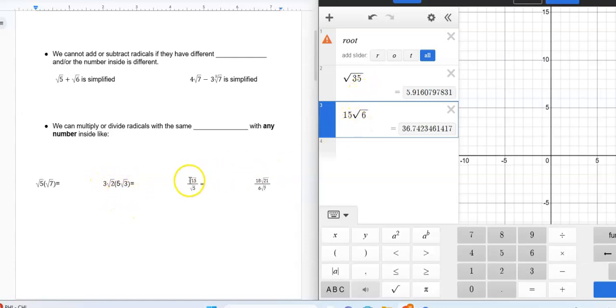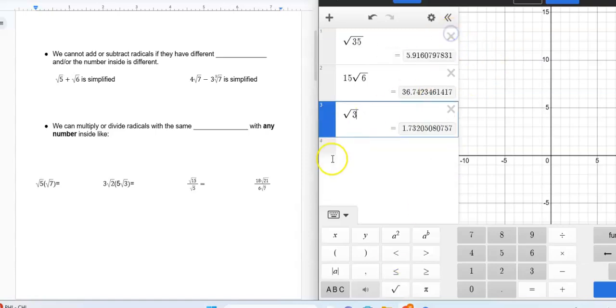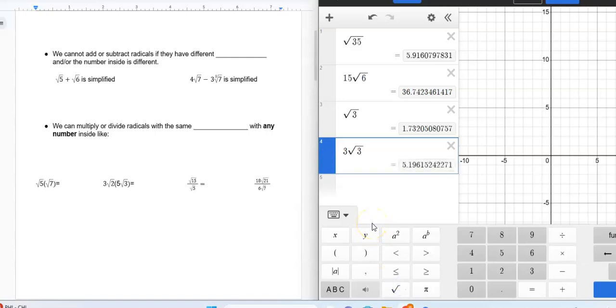You can also divide roots, like the square root of 15 divided by the square root of 5 is the square root of 3, because 15 divided by 5 is 3. And also for this last one, the 18 and the 6 are regular numbers, so that's 3. And the square root of 21 divided by 7 is also 3. So this turns into 3 rad 3.